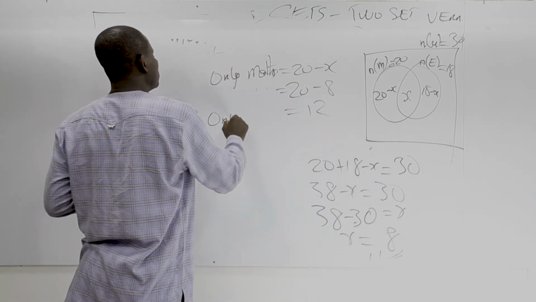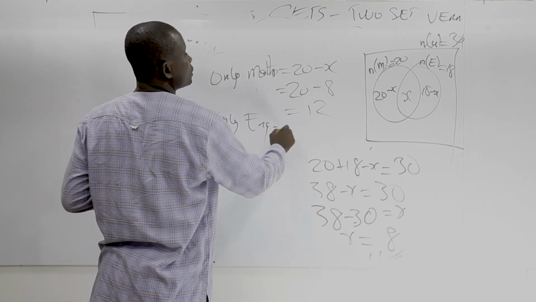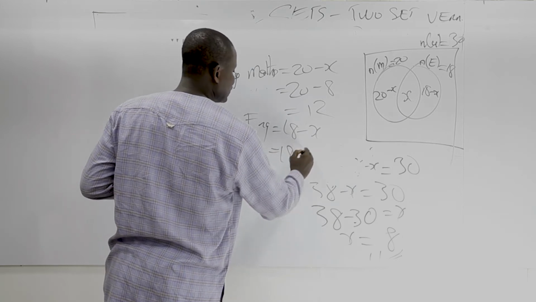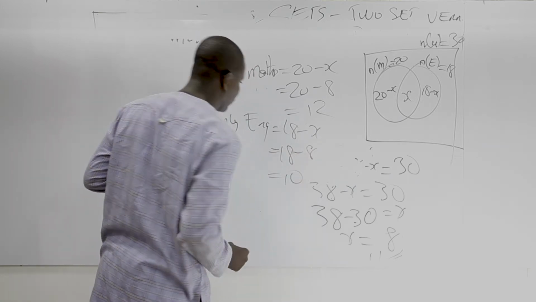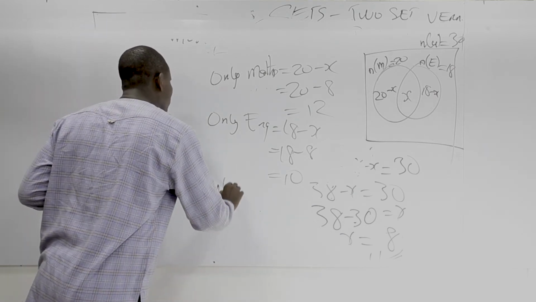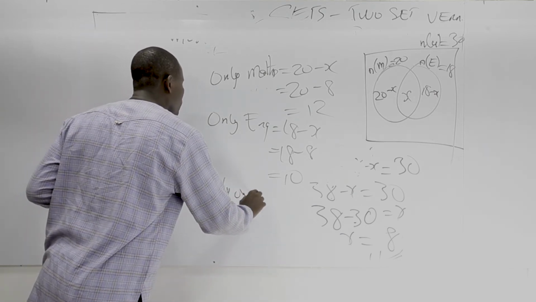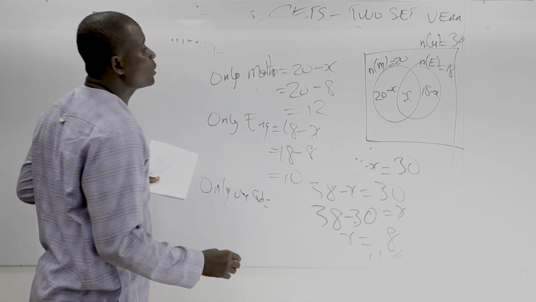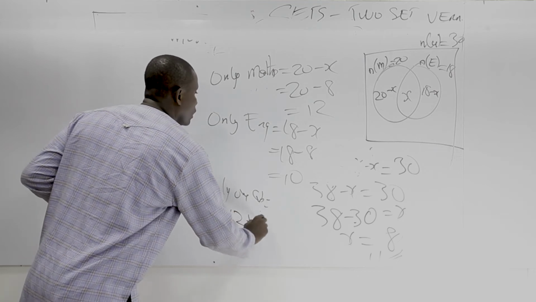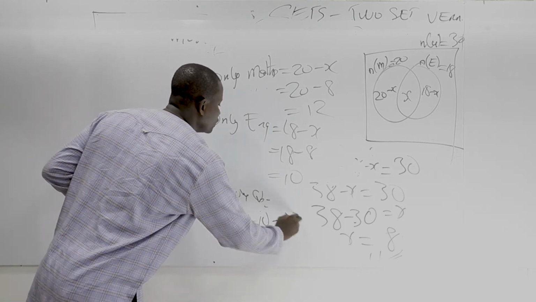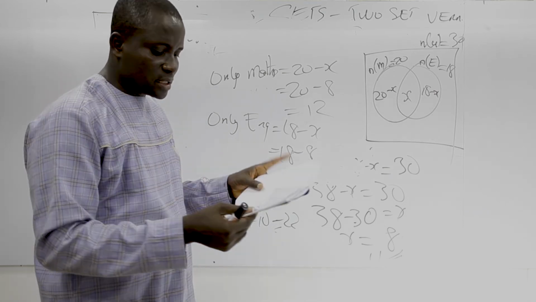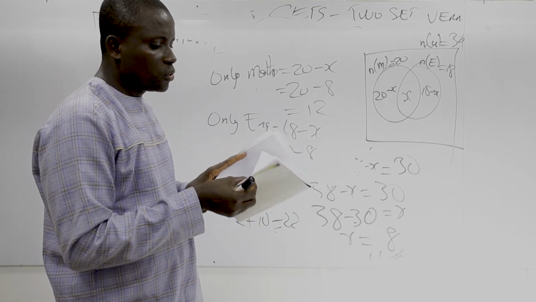Only English language is 18 minus X, so 18 minus 8 is equal to 10. So only one subject is going to be your 12 plus your 10, and that will be 22. That is only one subject. So that is how it is. Follow it that way, and you can move on.